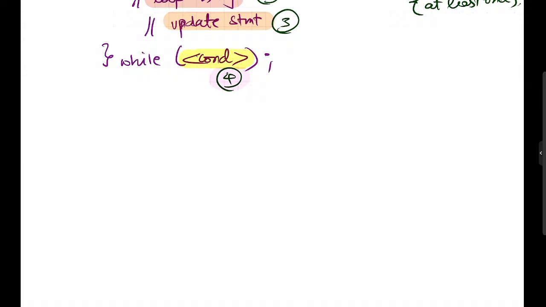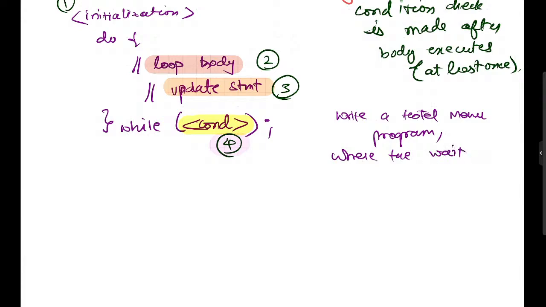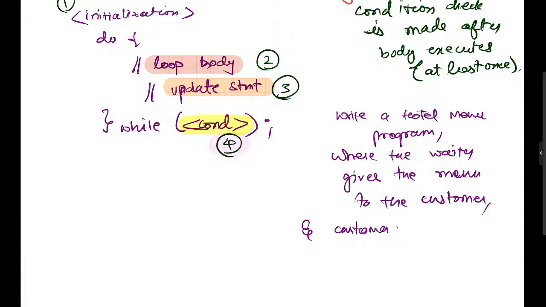So for this, I would expect you to write your own code to understand. Write a menu program. Write a hotel menu program, where the waiter gives the menu to the customer, and the customer chooses the order.